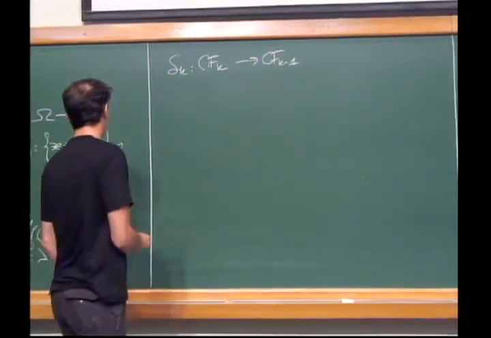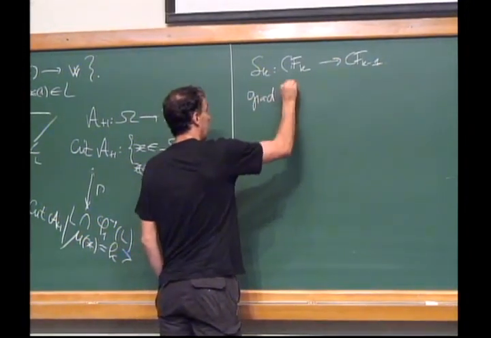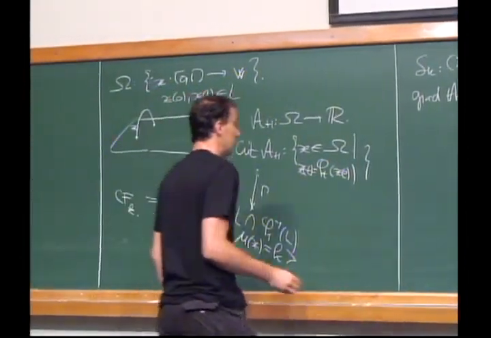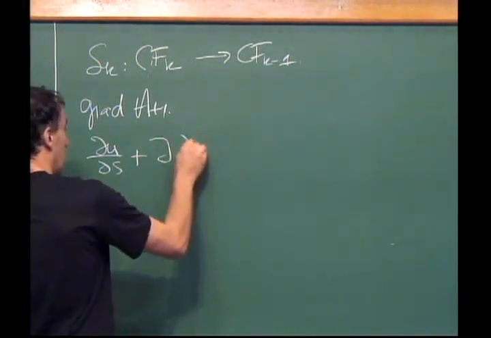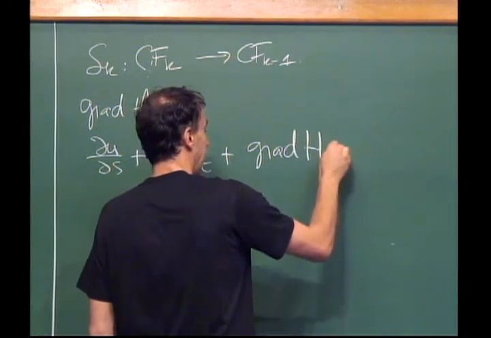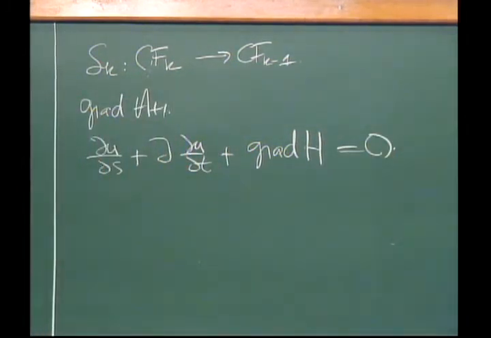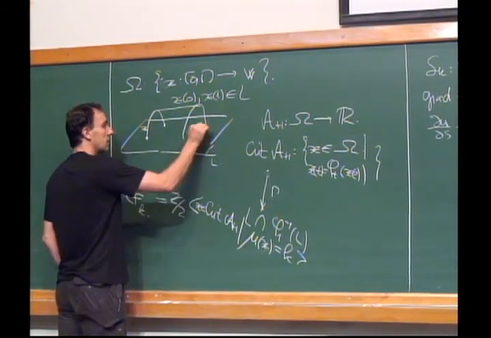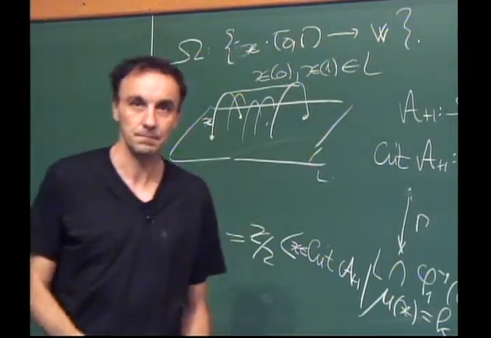And in order to define this differential, we took a gradient for some metric. And actually, the gradient equation for this metric is the Floer equation, meaning that the gradient trajectories are just half cylinders with boundary on L, right?